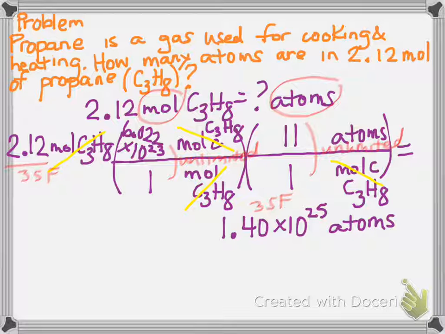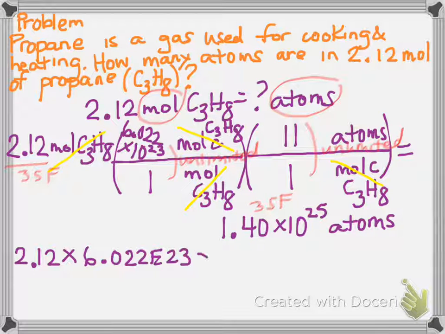In case you're struggling, how do you put this in your calculator? 2.12 times 6.022 E 23 times 11 should give you your answer. I know I'm multiplying every time here because my numbers are all in the numerator. I'm only going to divide my numbers when they're in the denominator.